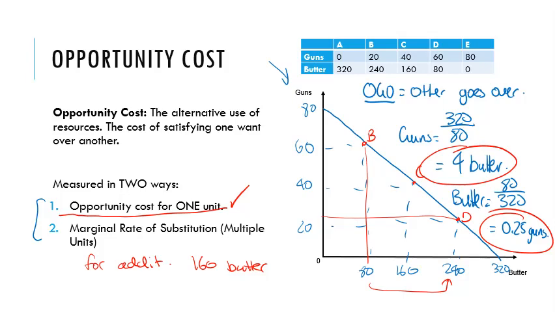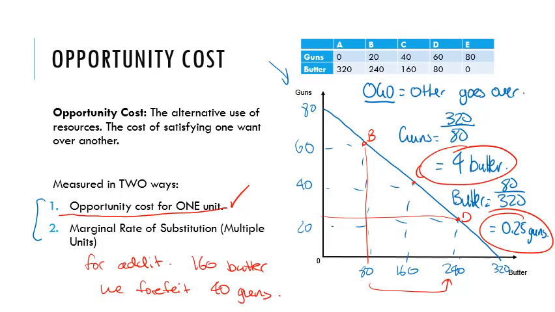How many guns am I losing? So in this situation, we're going to drop from 60 to 20, so that means it's 40 guns. At the end of the day, what you will realize is when you simplify these, it's the exact same opportunity cost as for 1 unit.